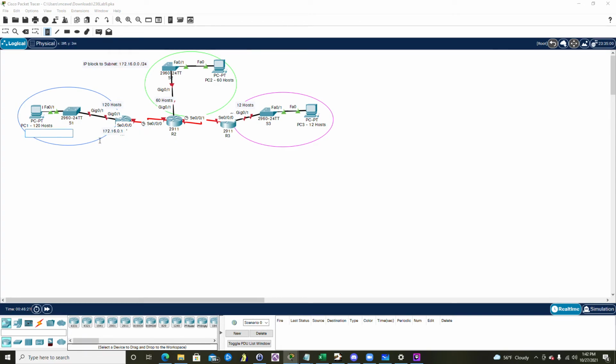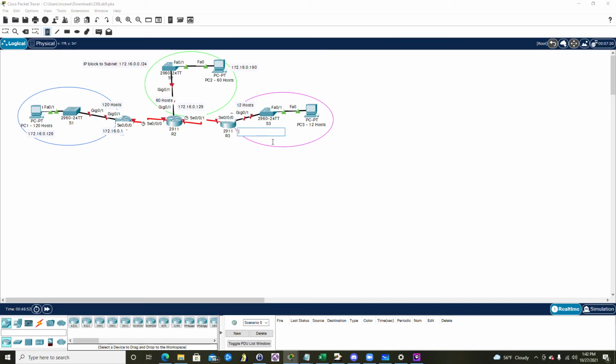The PC should get the last usable IP address, which we now know is 172.16.0.126. And if we go over to our other network, the first usable IP address for network 2 and PC2 right here should be 172.16.0.129. The PC gets the last usable IP address, which is 190.